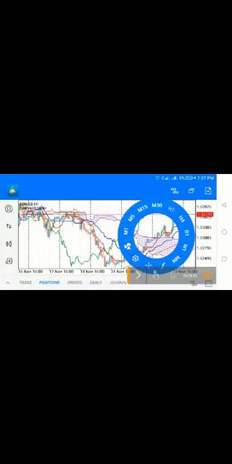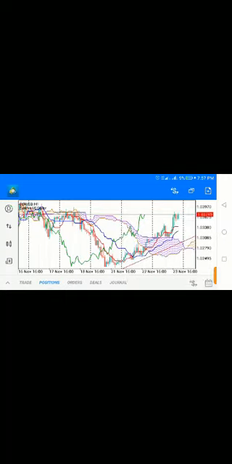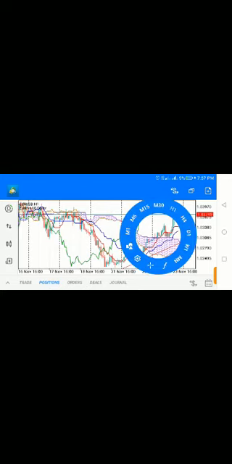Now look at it from here. When you click on the plus sign here, inside the charts, this is going to come up, and it's going to show you directions when you're trying to measure a particular pricing level, as this level now is at 1.0342.